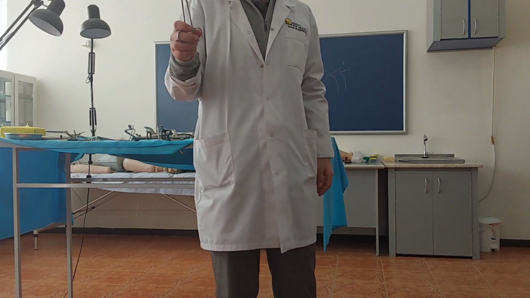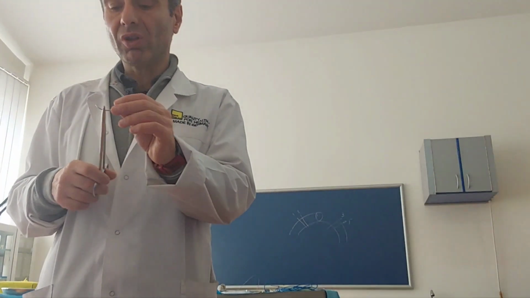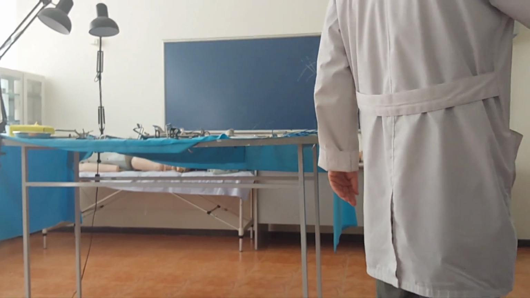How we make fixation of the needle inside of the needle holder? Look here, please. First of all, they should be absolutely perpendicular to each other. Not like that, or not like this, but they will have perpendicular axes. So you can see between my instruments the 90-degree angle.